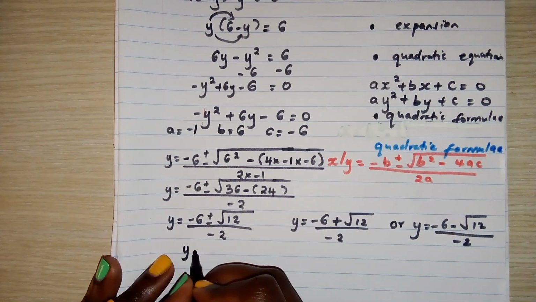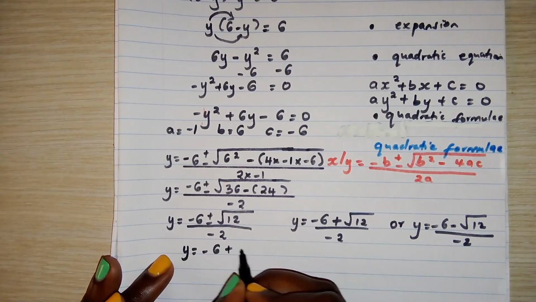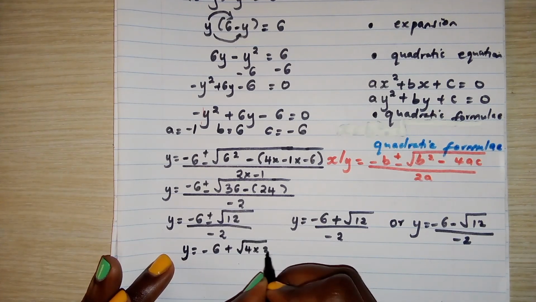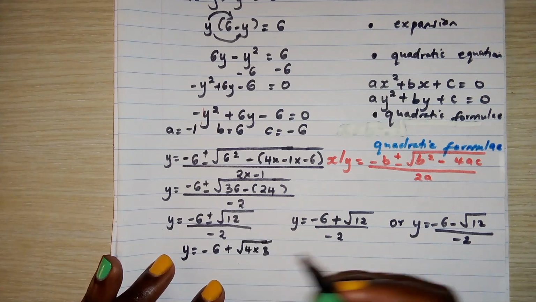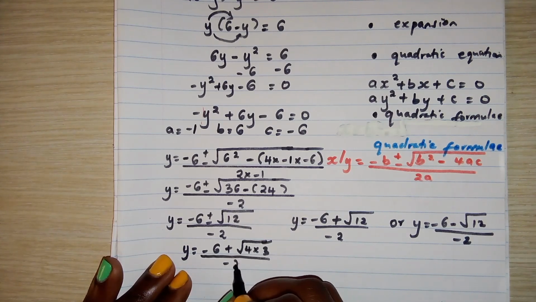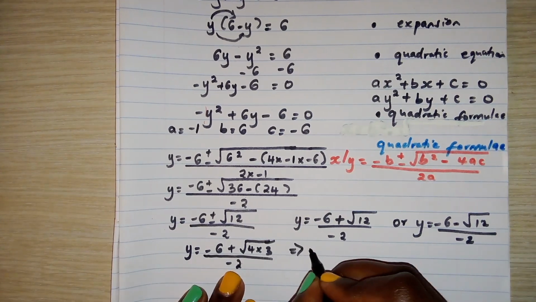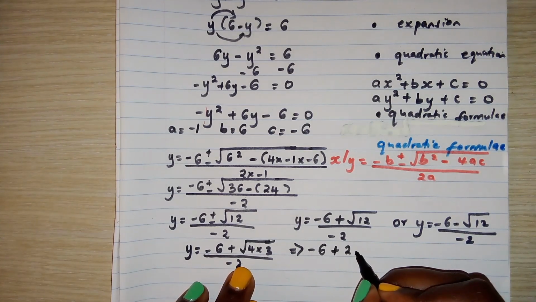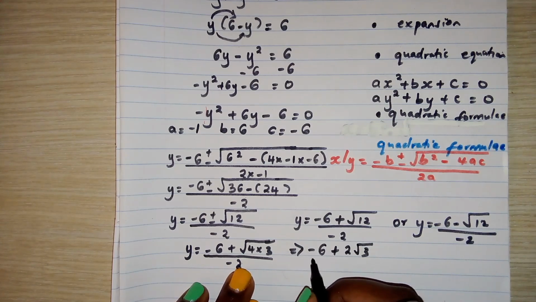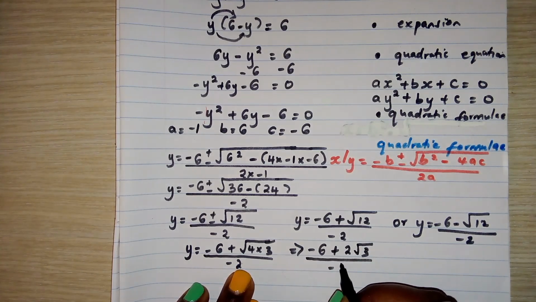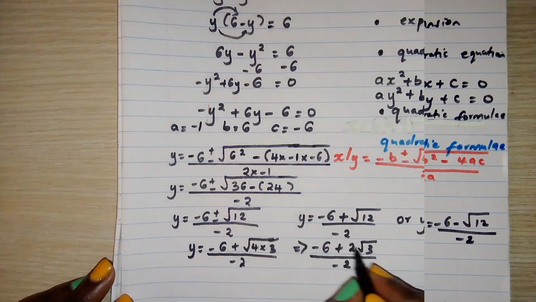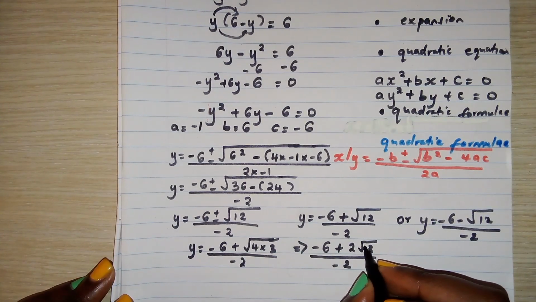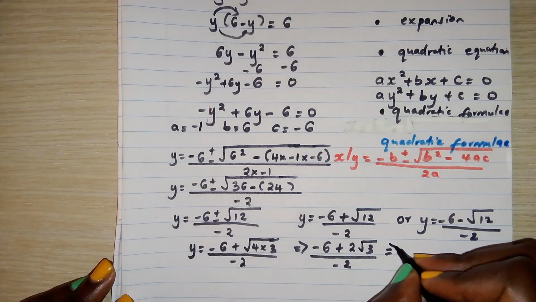So we can start with this one, y equals negative 6 plus root 12, and root 12 can be written as root 4 times 3, isn't it? 4 times 3 is 12, all over negative 2. This is the same as negative 6 plus root 4, which is 2, and then you put root 3 because we can't find root 3, all over negative 2. Now we can factorize this top part. What's common between negative 6 plus 2 root 3? The common factor would be 2.